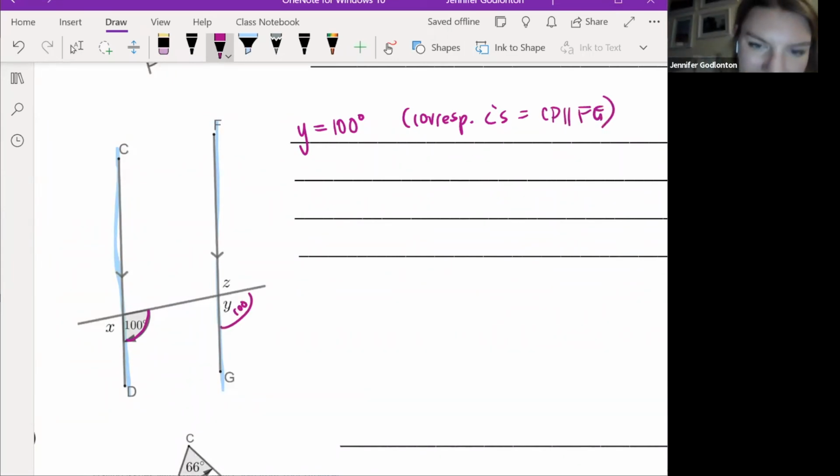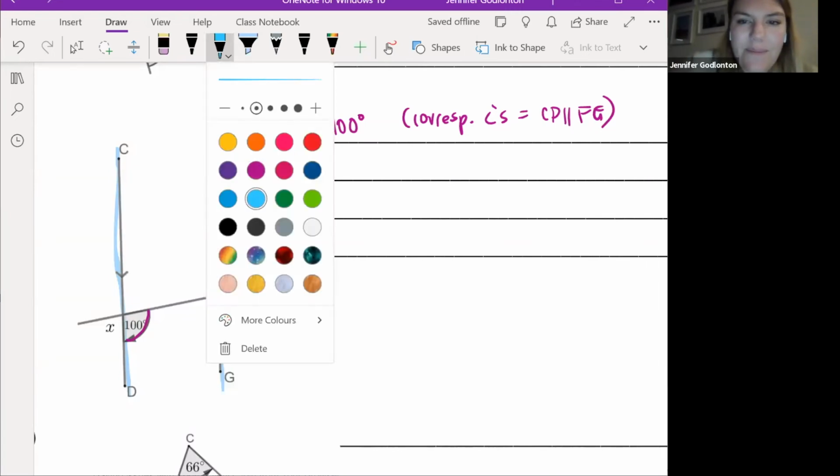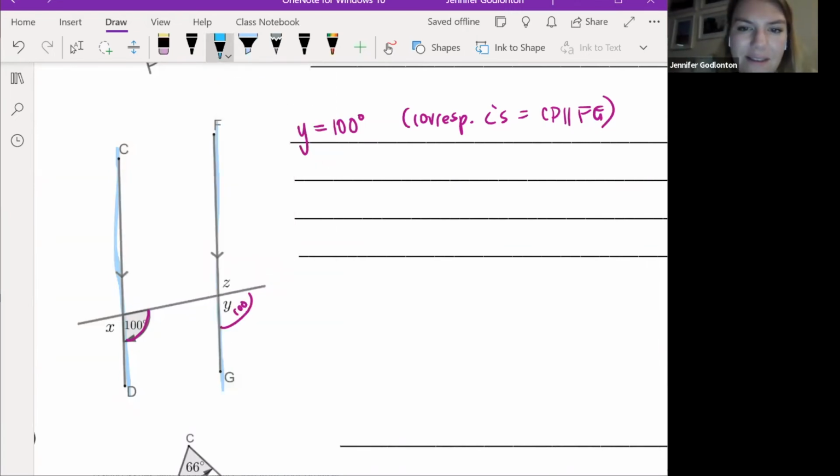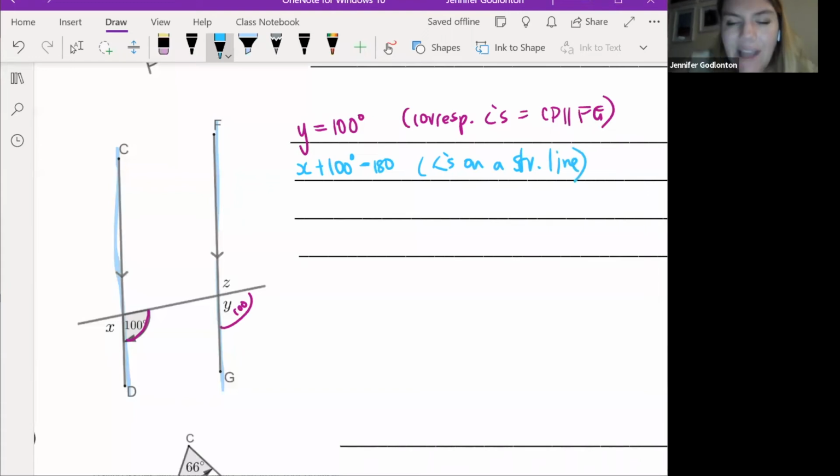Great. I love it. Next step. x plus 100 degrees is equal to 180, angles on a straight line. Yes, angles on a straight line. Well done. You're nailing it. Which is equal to 80 degrees. Yes, x is equal to 80 degrees, 100%, because now we know that this is 80.